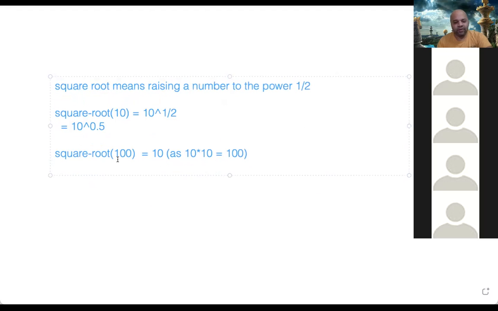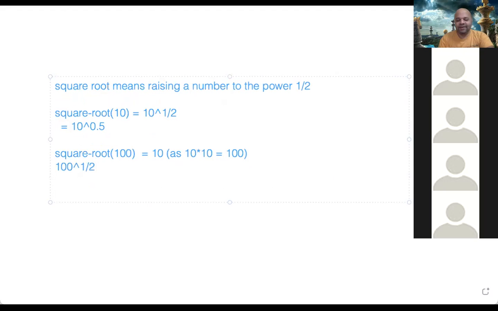But square root of 100 is also nothing but 100 raised to the power 1 by 2.